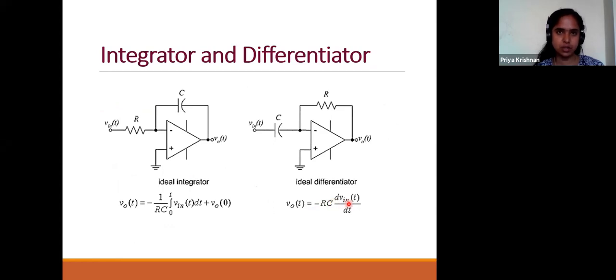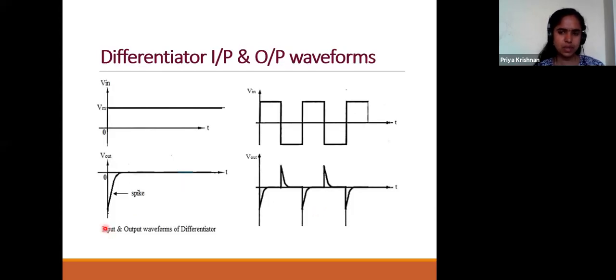If I differentiate 2, I'll get 2t. Here we have the minus, so you will get a spike. Because of the minus, you will get a negative spike here, for the straight line.